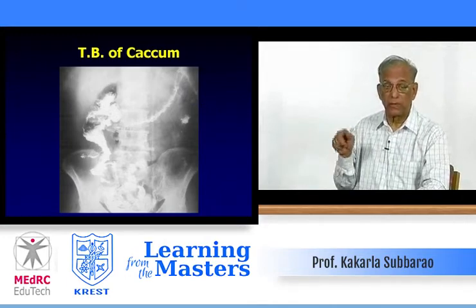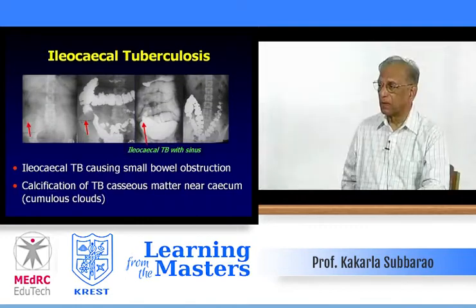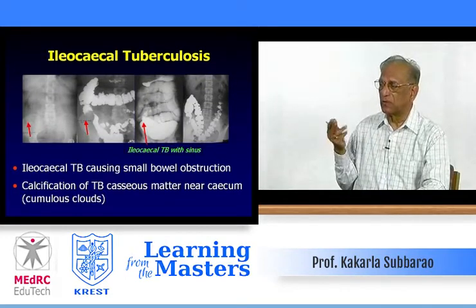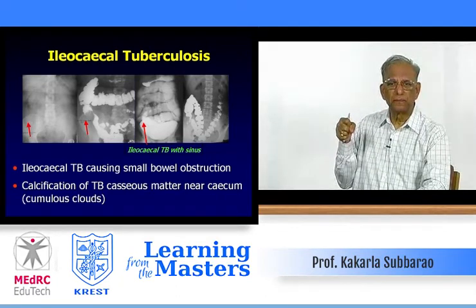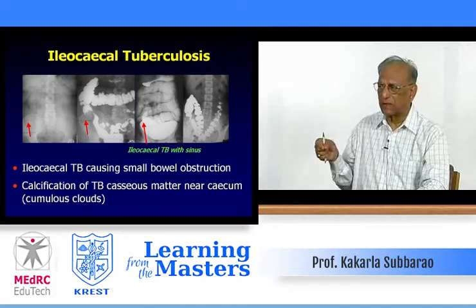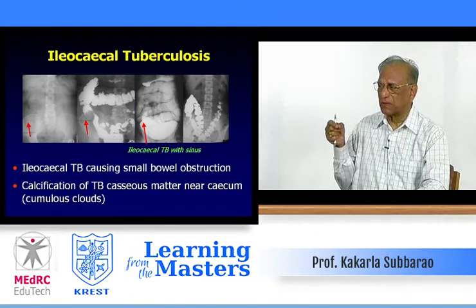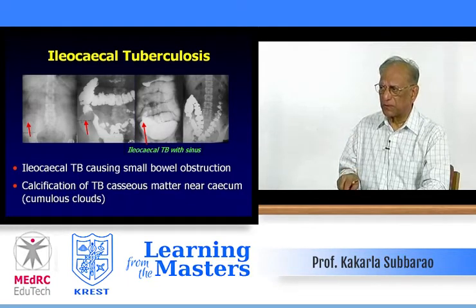Another example, or few examples of ileocecal tuberculosis, contracted cecum is pulled up. That is characteristic. And the distal ileum is narrowed. Sometimes you can see acute ulcerations, and then partial small bowel obstruction.